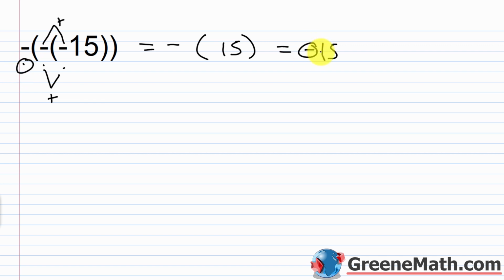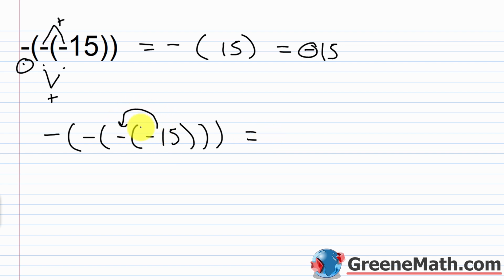We got a -15. If I had the opposite of -15 like that, now I have an even number of these symbols. Now I'm going to get a positive 15. So working backwards, this would make it positive 15. So we'd have the opposite of positive 15.